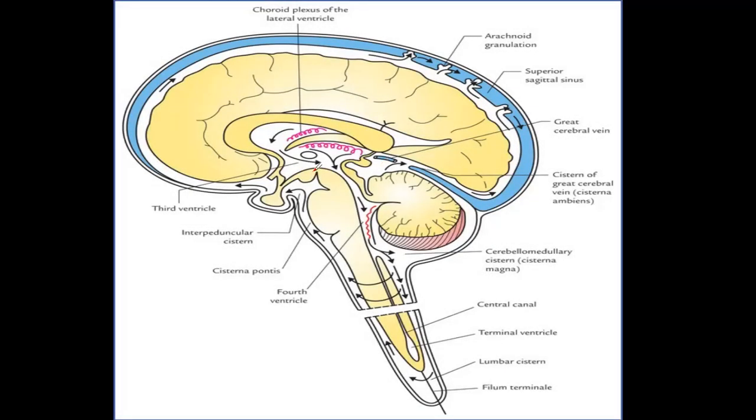Now, here you can see the lateral ventricle, interventricular foramen of Monro, third ventricle, cerebral aqueduct of Sylvius, fourth ventricle.